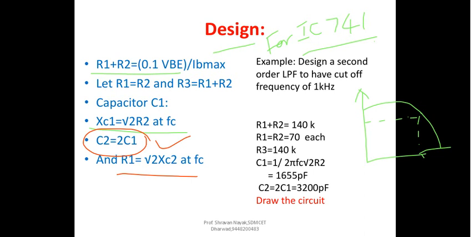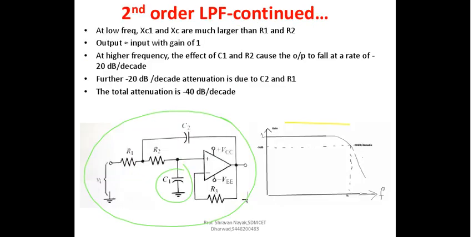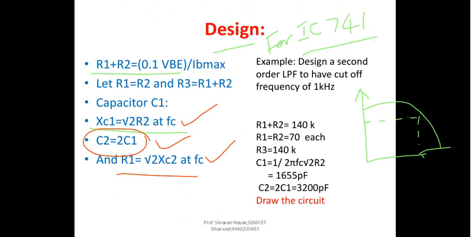Now this is the relationship between the two rungs of the ladder, that is, one is R1 with respect to C2 and the second one is C1 with respect to R2. Please refer to the diagram, right? So there is a specific relationship between R1, C2 and C1, R2 in terms of their capacitive reactances with respect to the resistances R1 and R2 at the cutoff frequency.